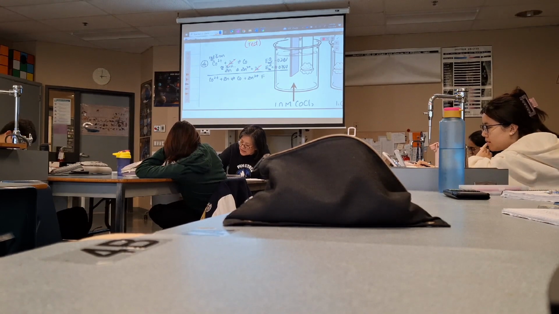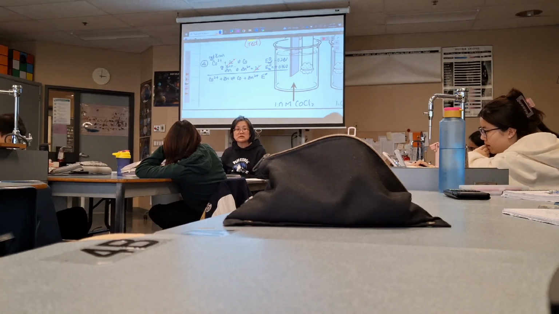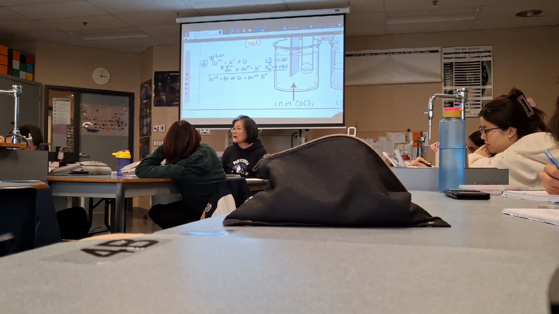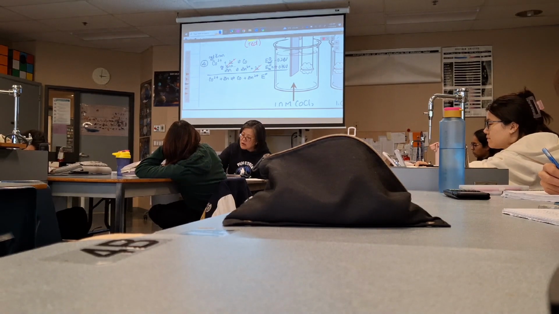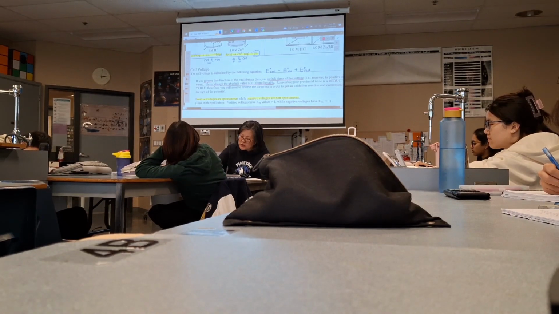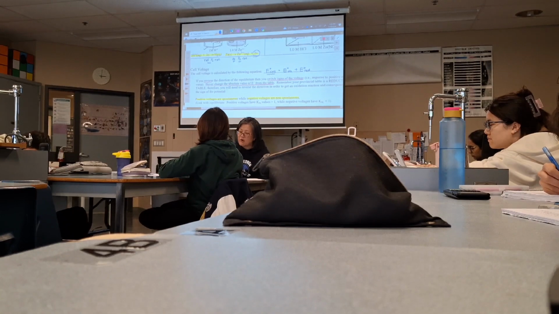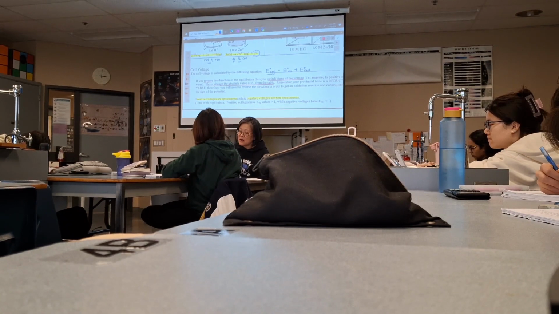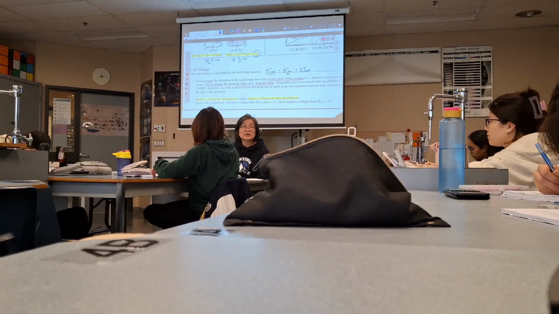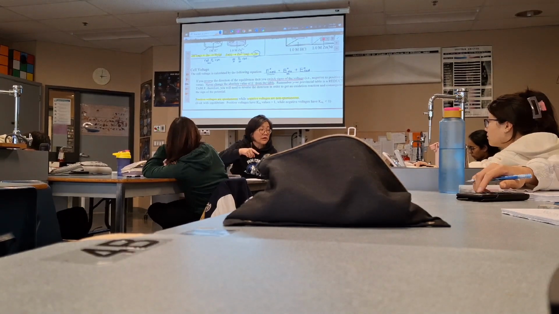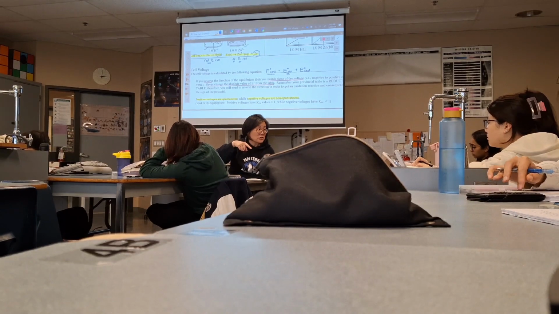And now if I take a look at my E naught, what does that become? So going back to the previous page, to figure out the overall voltage of the cell, what do I need to do? I add the voltage of the oxidation to the voltage of the reduction.